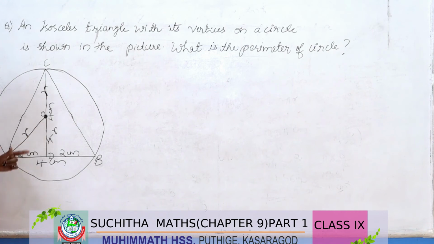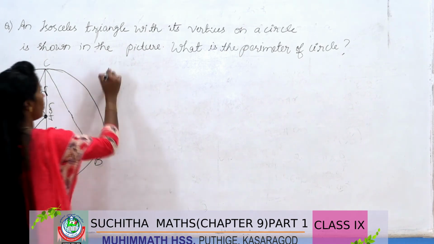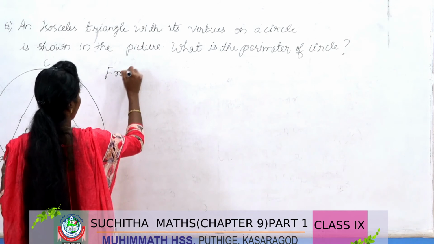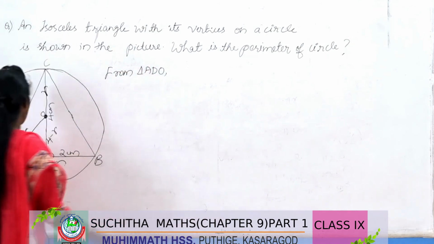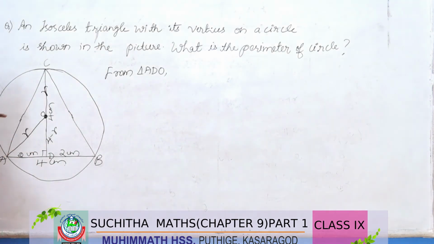Now consider triangle ADO. ADO is a right angled triangle because this angle is 90 degree. So from triangle ADO, apply Pythagoras theorem here.